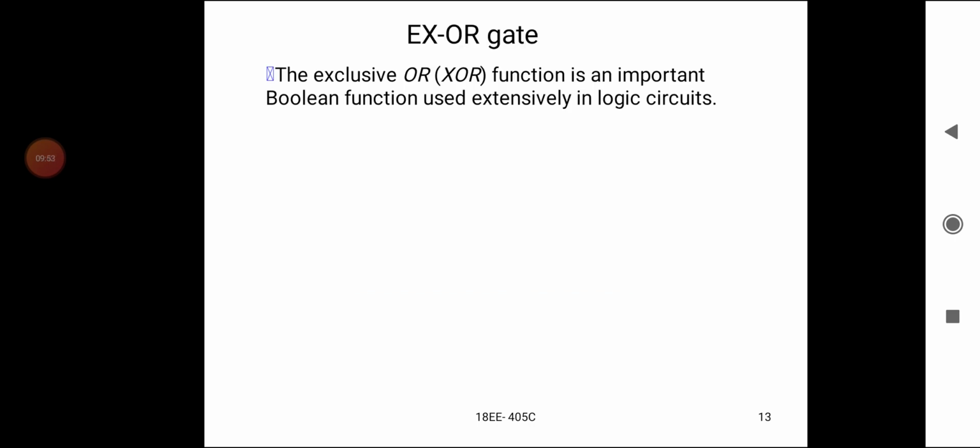Exclusive OR gate. The exclusive OR function is an important Boolean function used extensively in logic circuits. The symbol for exclusive OR gate, the IEEE symbol also shown here.